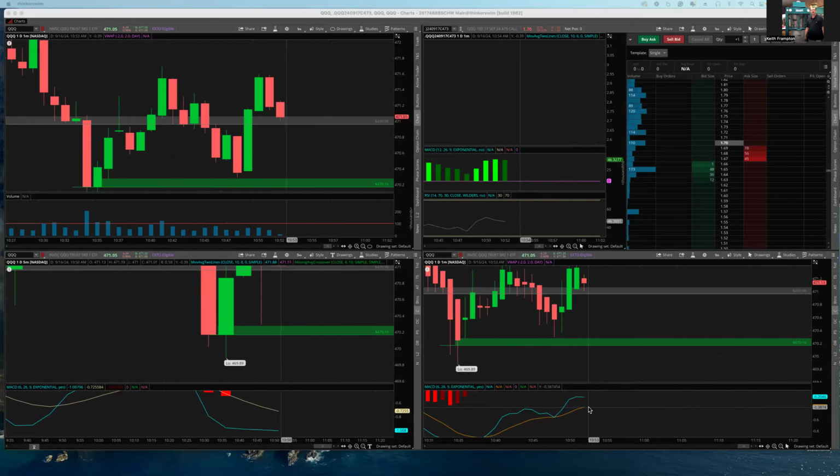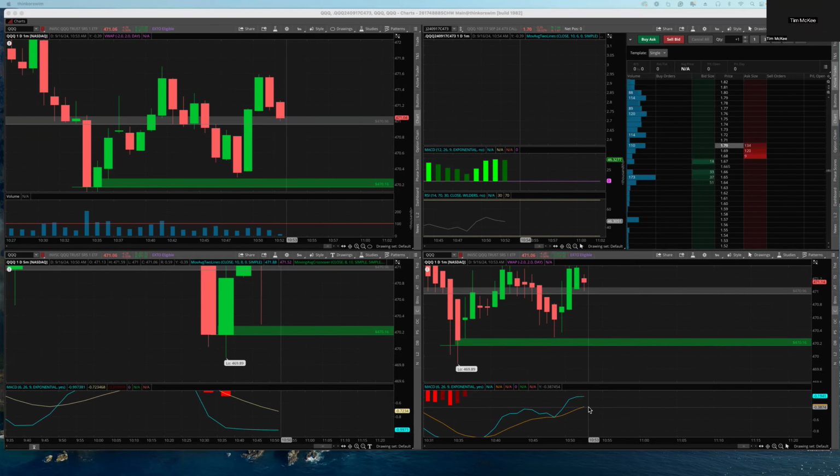Tough to trade this when it's just in these narrow zones, and you get the quick move, and then it doesn't want to continue.